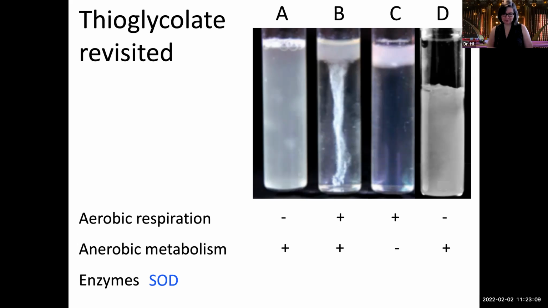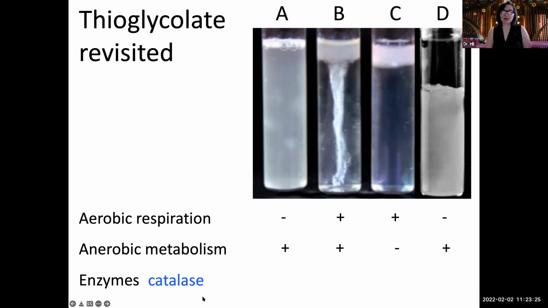Right. So all of you were certain about B and C. Some of you were iffy about A, but it is in all organisms that live in oxygen, whether they use it or don't use it. If they're alive in oxygen, they have superoxide dismutase.